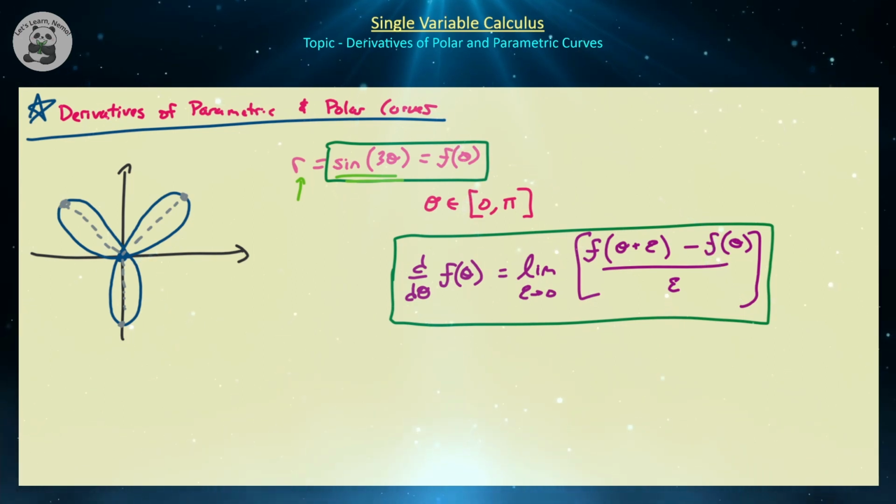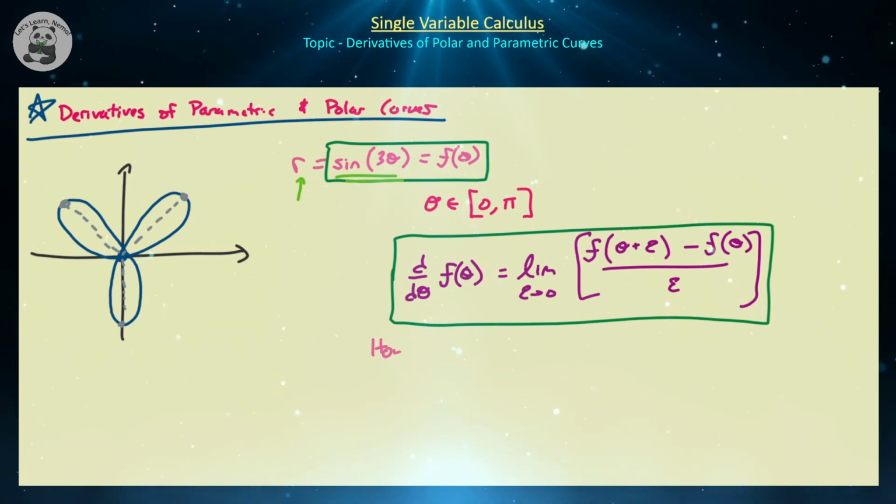But keep in mind, in the Cartesian realm, this was usually interpreted as the slope of a tangent line to a curve at a particular point. But in polar curves, the derivative has a subtly different representation, right? So how would we interpret this?